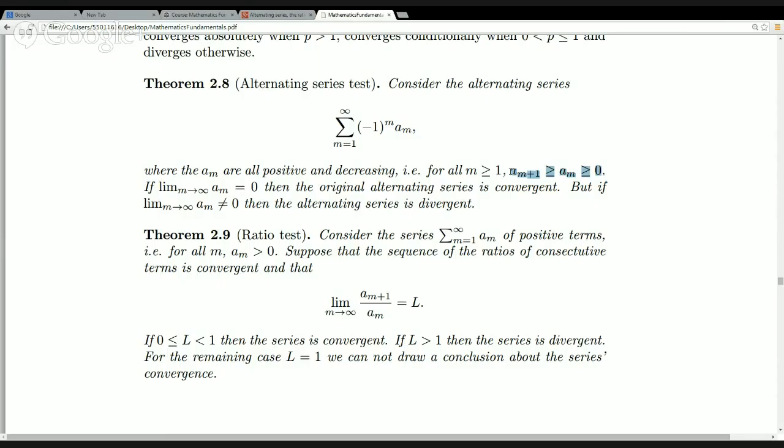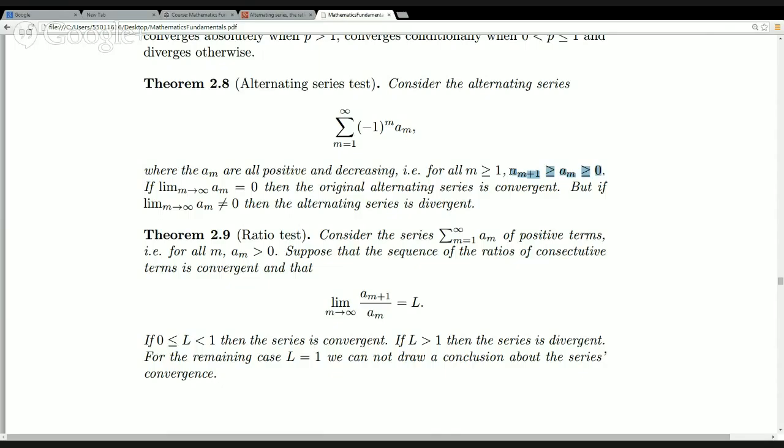So the series won't converge because it'll settle down to a type of behavior which is stepping up by a bit, stepping down by a bit, stepping up and down by some fixed amount. So it's never going to settle down to a limiting value. It will always be hopping between two different values.